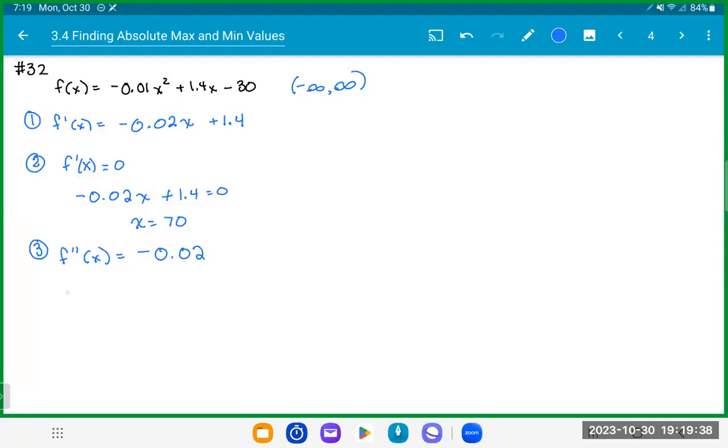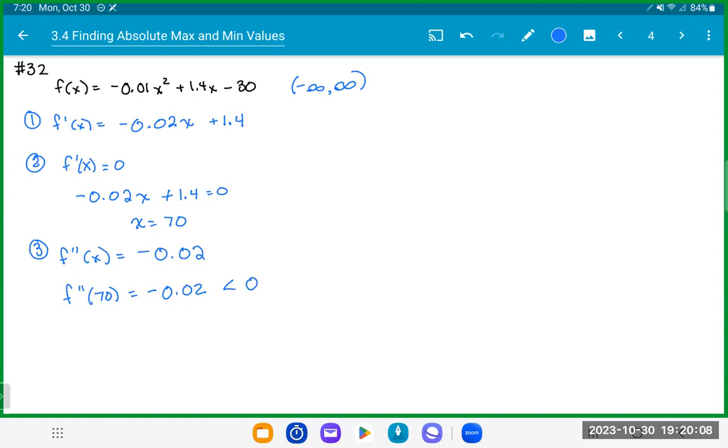And so now we're going to evaluate this at our critical value, and that is negative 0.02, which is less than 0, right? Because there was nothing to substitute the 70 into. So it doesn't matter what value our x is, our second derivative is always going to be negative 0.02, which is less than 0.